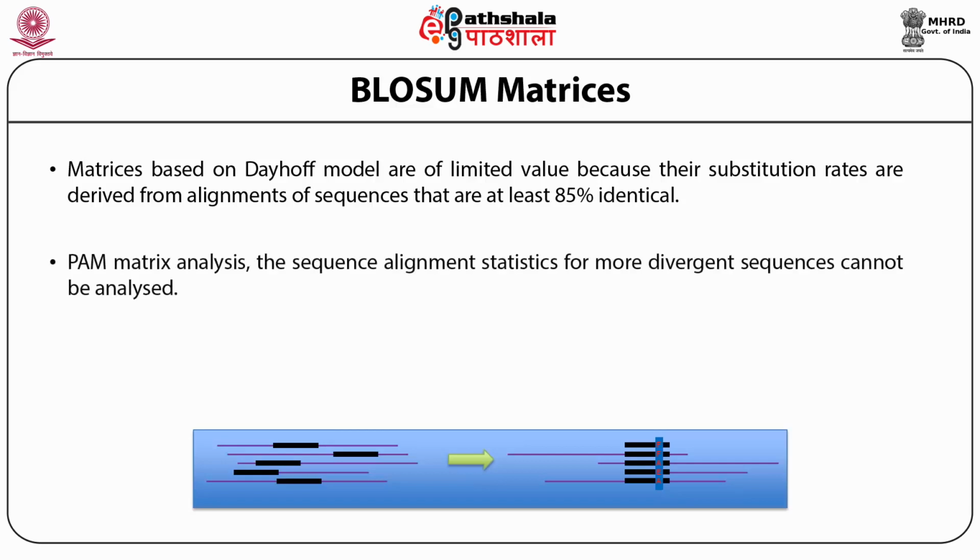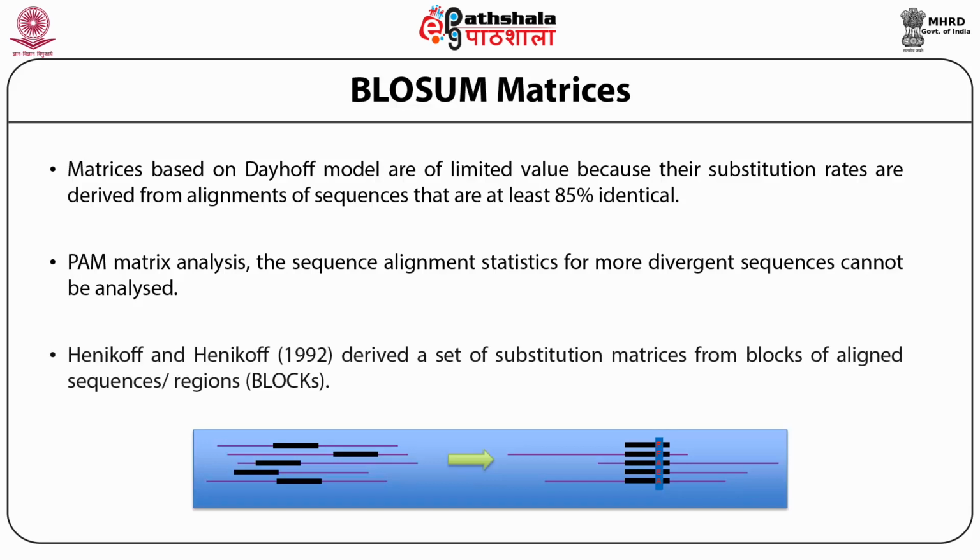So PAM matrix analysis has very limited usage because it cannot be used for more diverse sequences. So they further developed another matrix called the BLOSUM matrix, where blocks of aligned sequences are taken into account, and these blocks of aligned sequences help in doing sequence alignment for diverse sequences.